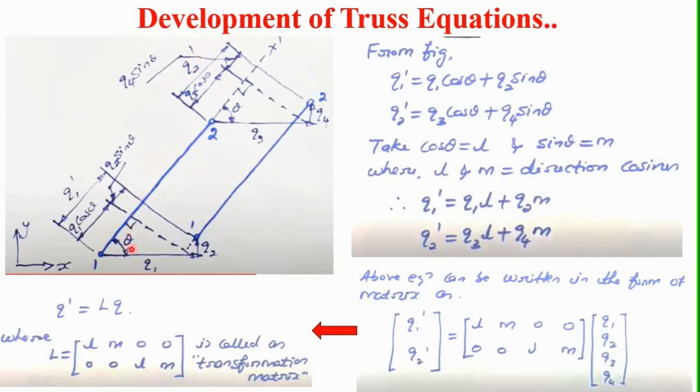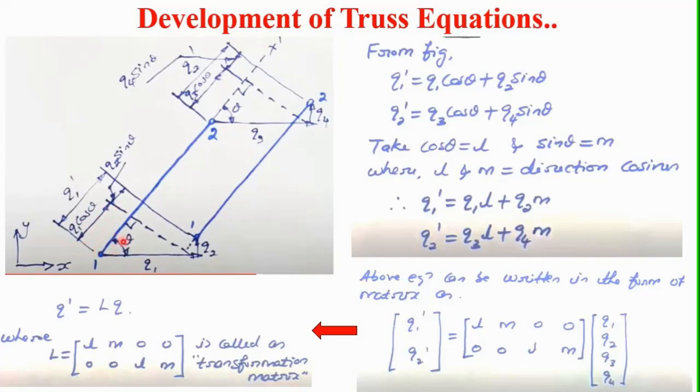Now we assume this angle is theta. When we draw a perpendicular line along this element and consider this right angle triangle, we can calculate this distance.